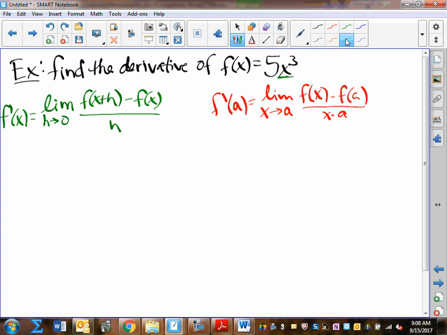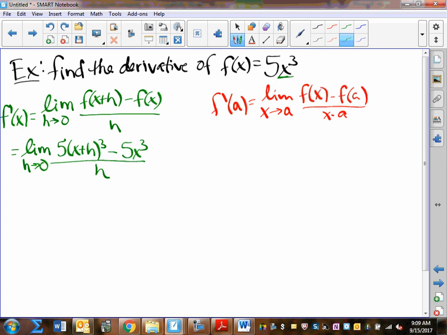Okay, so if I substitute in, I make this limit for my function up here. As h approaches 0, f of x plus h would be 5 times x plus h quantity cubed. So that is 5 times x plus h cubed minus 5x cubed over h.